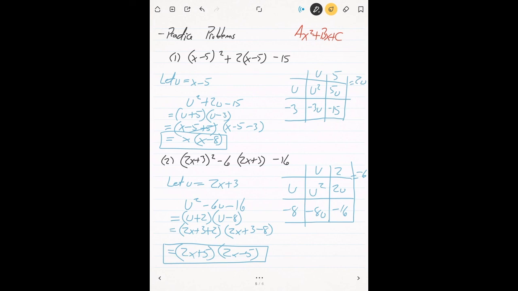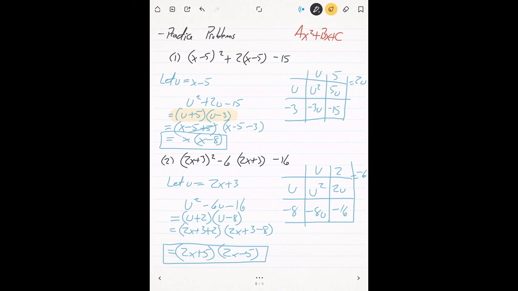Well, as you go through these problems, hopefully you notice that they all fit the form of a quadratic. And when you sub in a dummy variable, here I used u, you're able to come up with what these quadratics might look like or what their form is. First off, we had the u squared plus 2u minus 15. That factored down using the box method into u plus 5 and u minus 3.